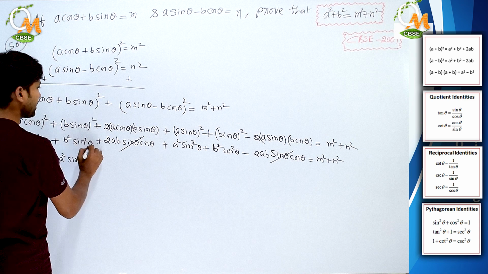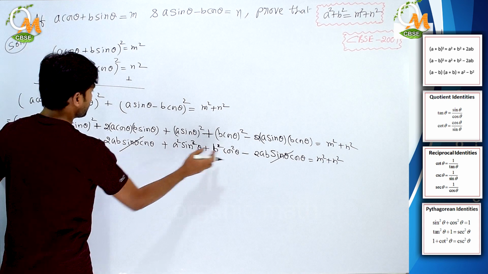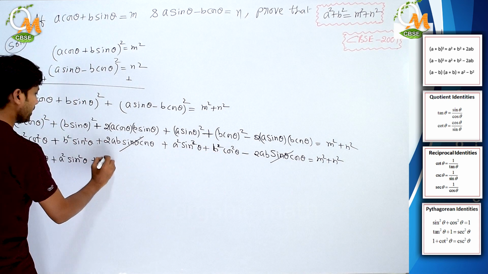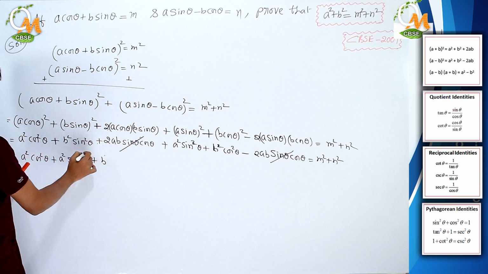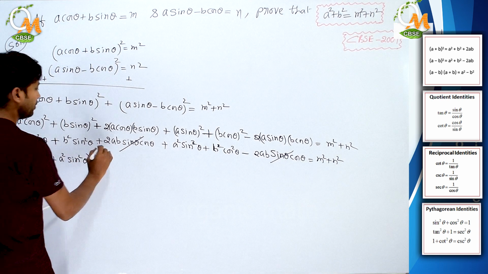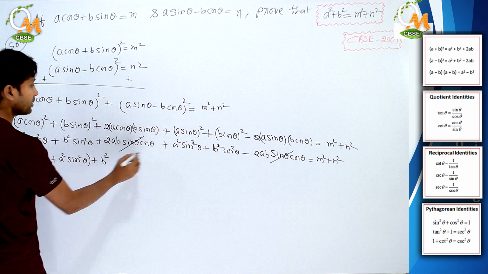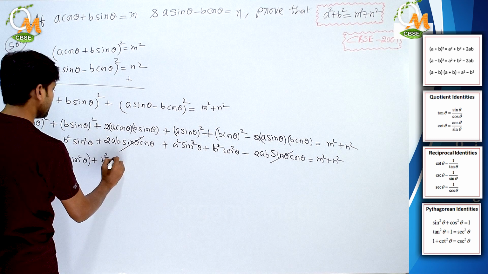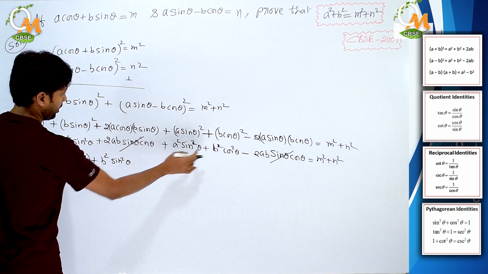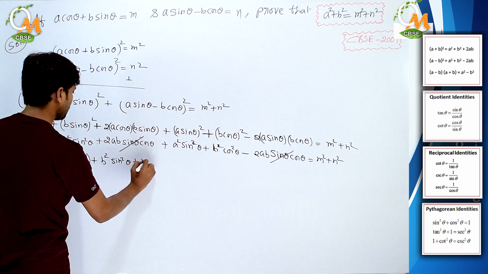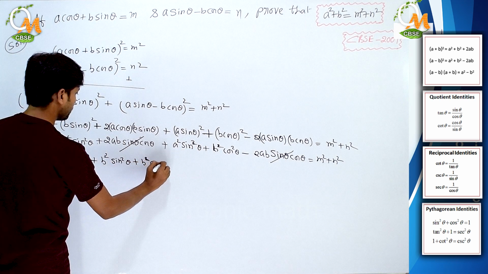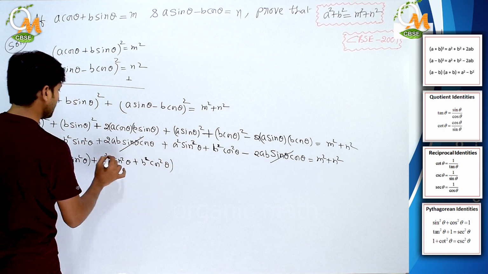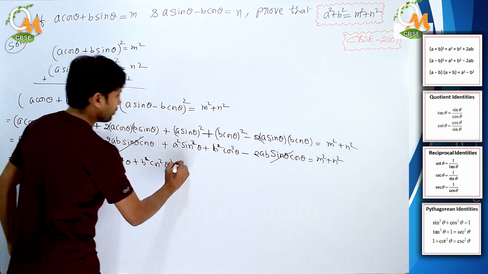Now b square sin square theta and b square cos square theta are given, so we can group them. These two are grouped together as one group.